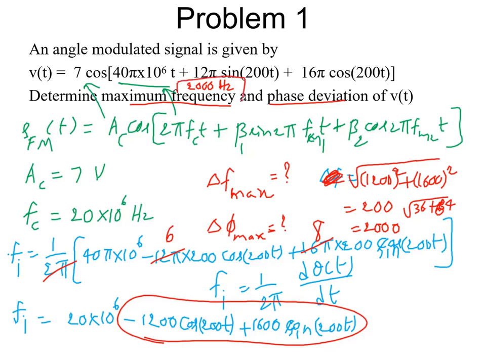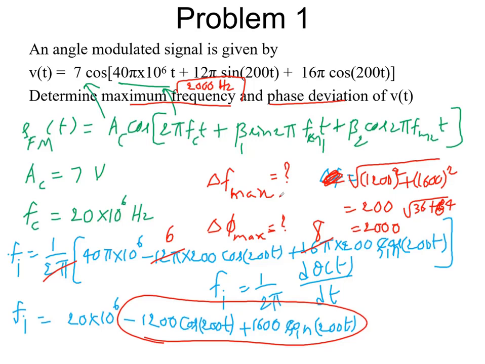Now, going to the phase deviation. How to arrive at the phase? Obviously, you know this: fi, you are expressing as 1 upon 2 pi d theta by dt.